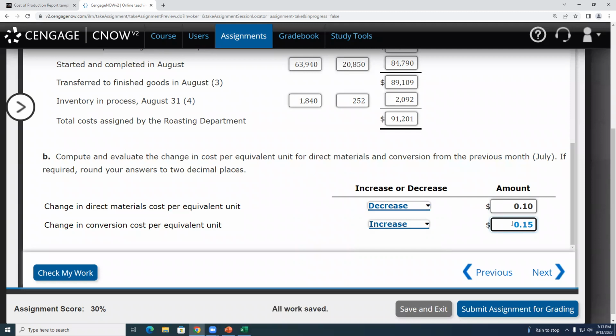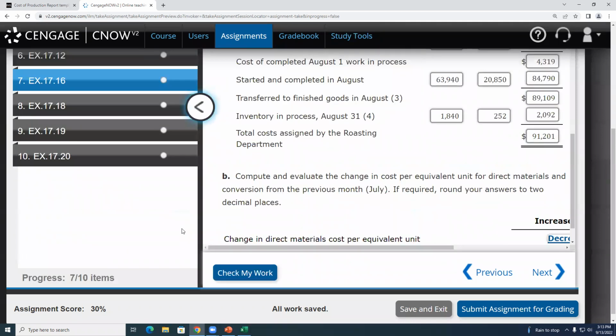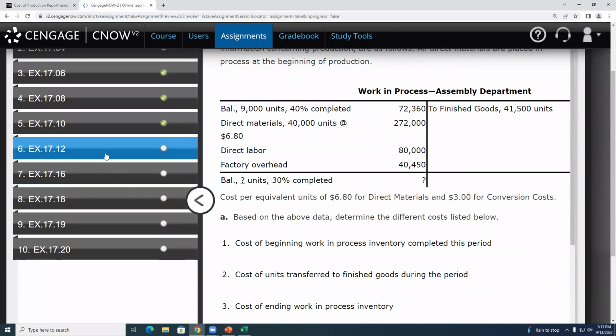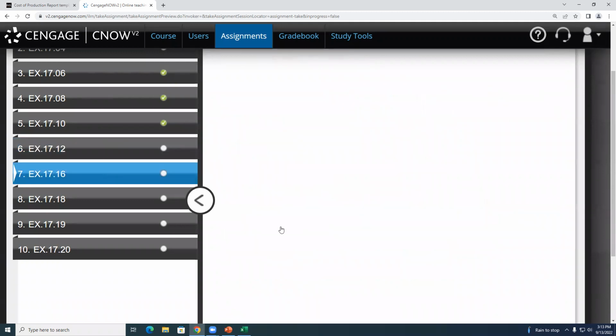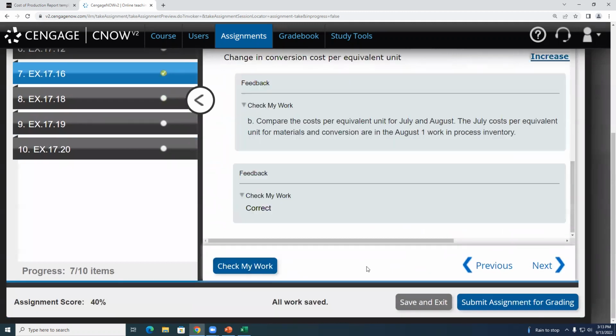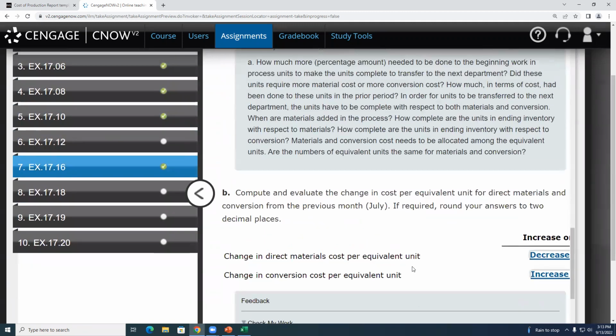Obviously, we did not finish the chapter today. So we will carry over to Thursday, but I do want you to try exercise 6 on your own. Use that template, the completed template I have in Brightspace in the chapter 17 reference materials if needed. And then at the beginning of class on Thursday, I'll answer any questions that you have from exercise 6, and then we'll finish up 8, 9, and 10.